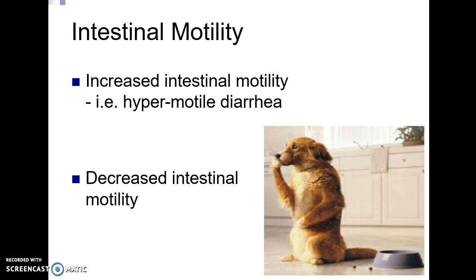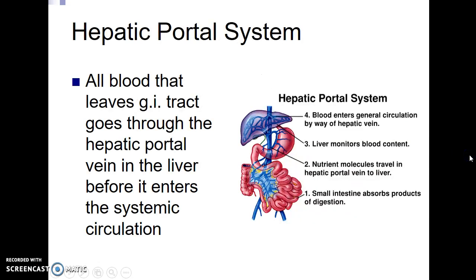That's longer time for the drug to be absorbed. More will be absorbed, and we could potentially have a toxic situation. So we need to bear that in mind when we're giving drugs orally to an animal that has a gastrointestinal tract affected in one direction or another.